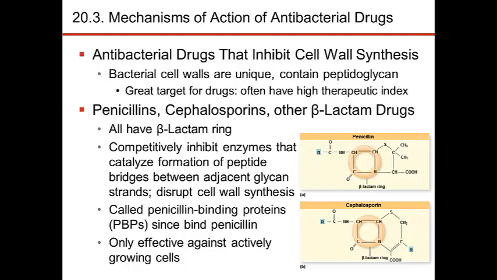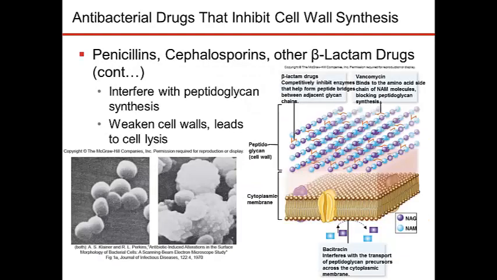Drugs in this category are bactericidal antibiotics. Penicillins and cephalosporins act by inhibiting transpeptidases, the enzymes that catalyze the final cross-linking step in the synthesis of peptidoglycan. Penicillin's beta-lactam ring structure interferes with bacterial cell wall synthesis.